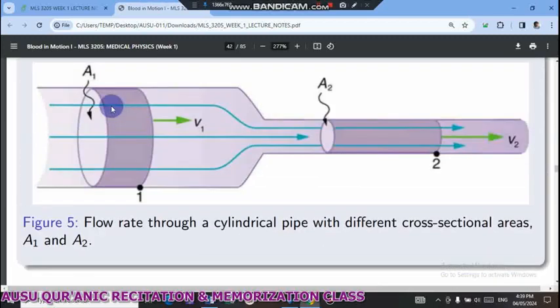You see this region, they call it region 1, and this region here, the small one, they call it region 2. So let's assume an incompressible liquid flows through region 1. What do we mean by incompressible liquid? If we say a liquid is incompressible, we mean its density is constant. That's the meaning.